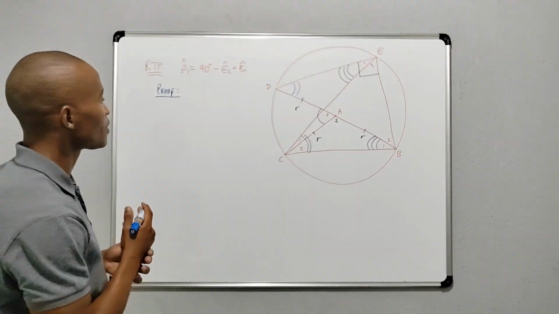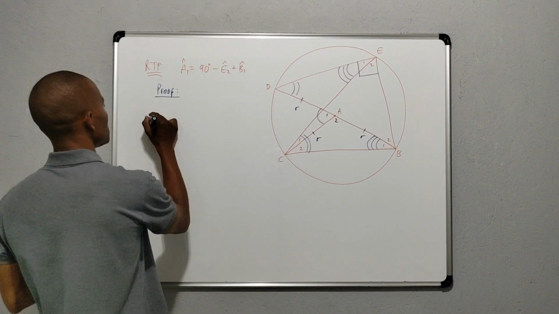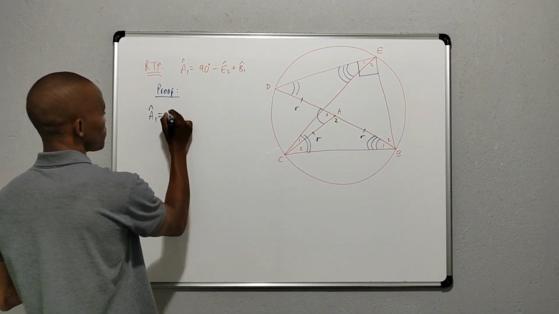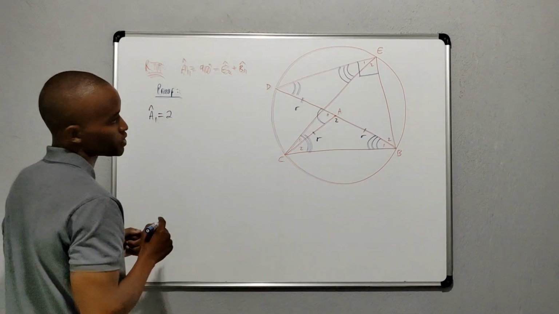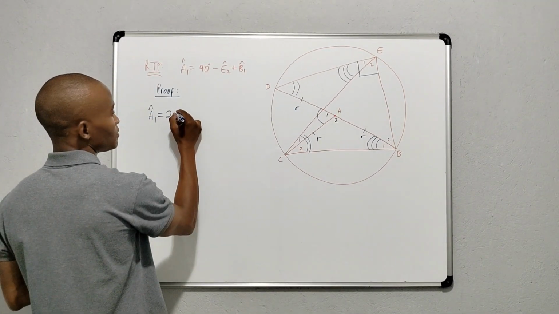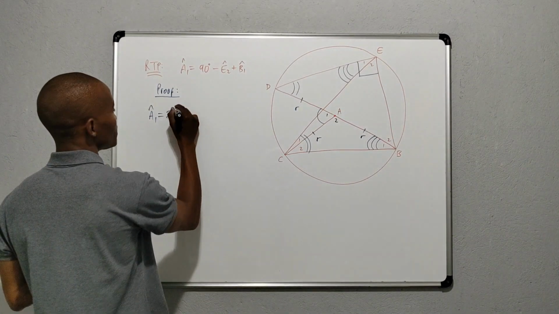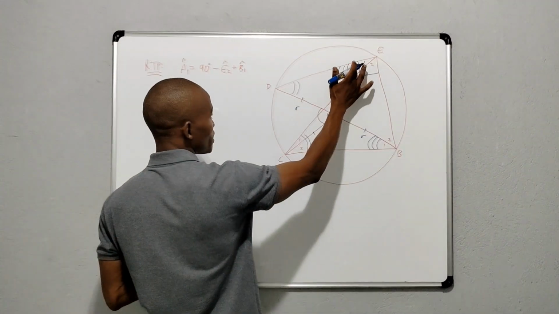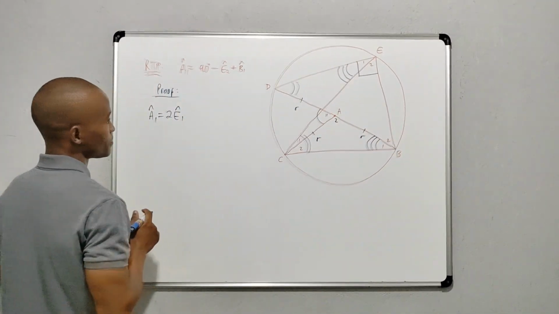So that's enough for now. Let us do this. Angle A1 is equal to 2 times angle E1. You can choose angle E1 or B1, doesn't matter.